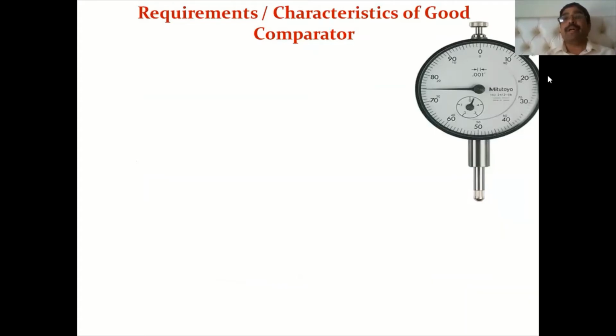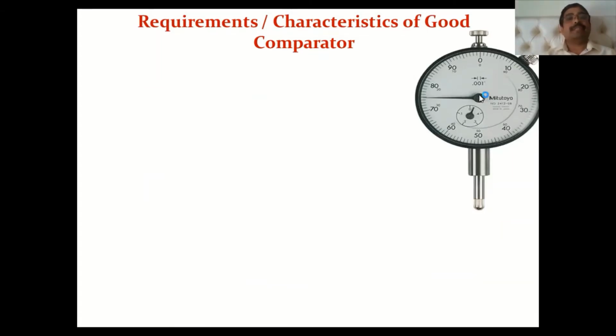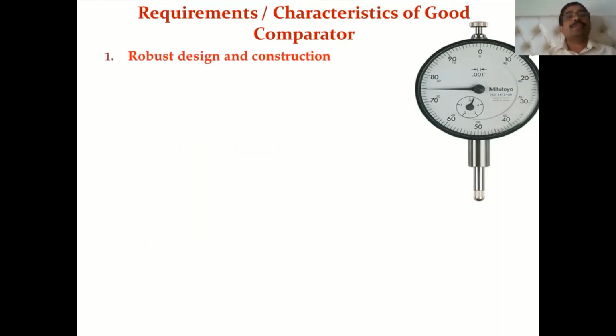See, friend, here especially the characteristics, I am not talking about the dial gauge, but just for understanding, I have put one comparator there, and we'll see one by one and discuss here. First one is a robust design and construction.